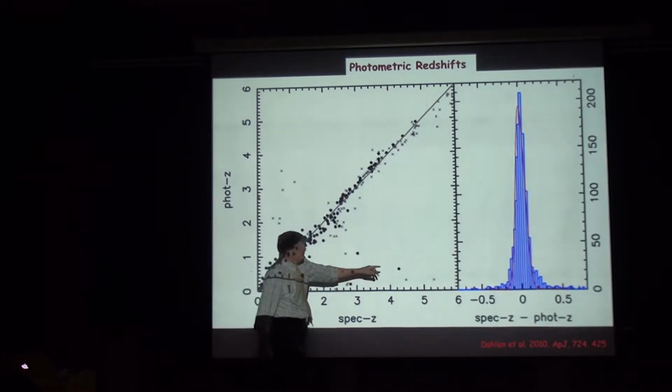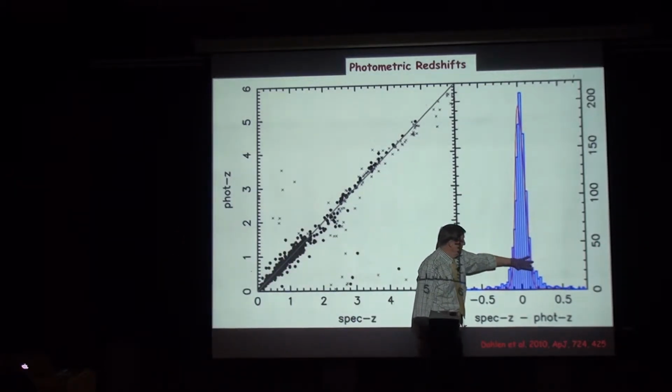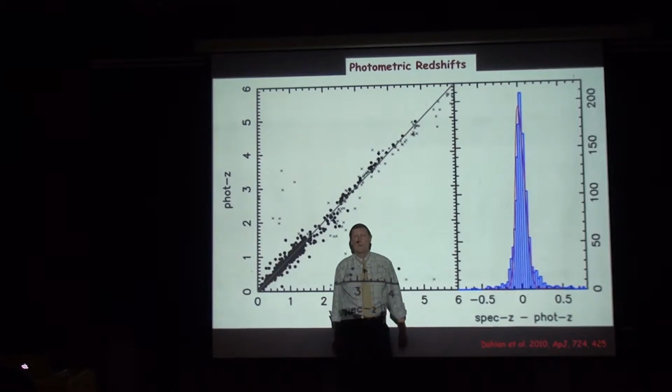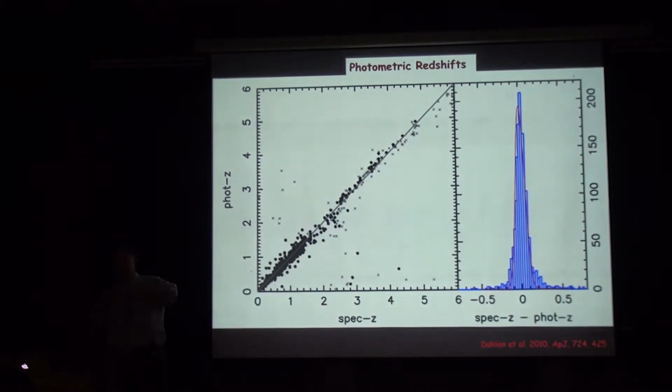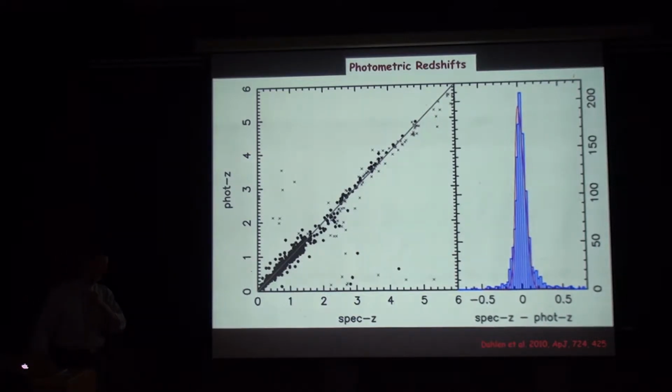And you can see that the dispersion here in redshift is really quite small. So it enables us to interpret all of these deep fields with tens of thousands of galaxies without having to get spectra. This is what I believe has been one of the truly transformational things of Hubble Space Telescope, because this is what has made all these cosmological studies possible.